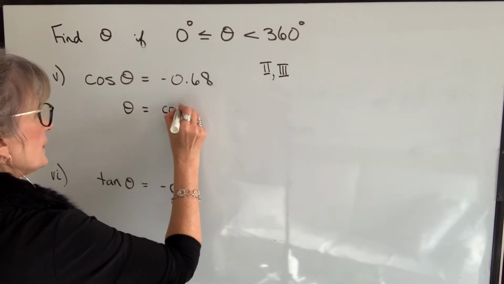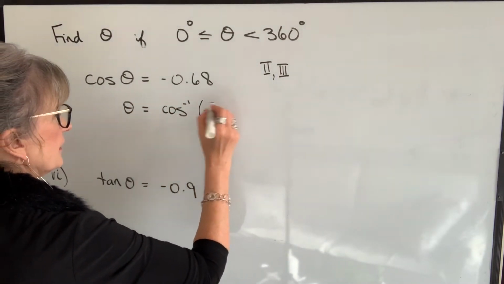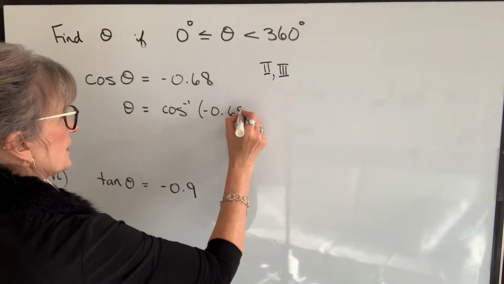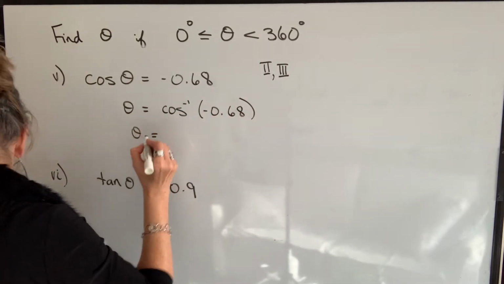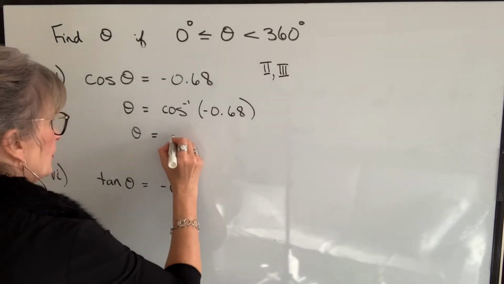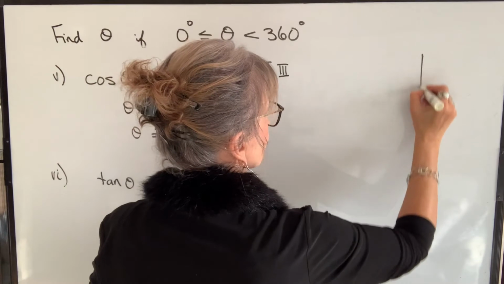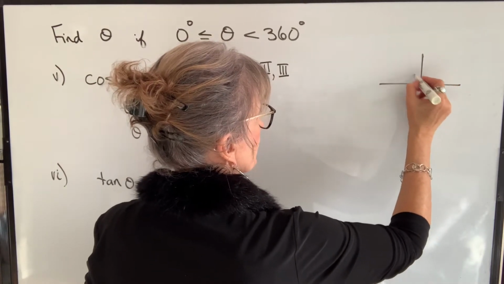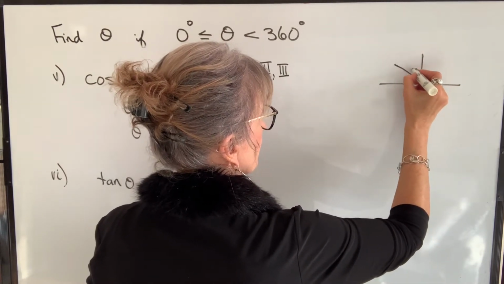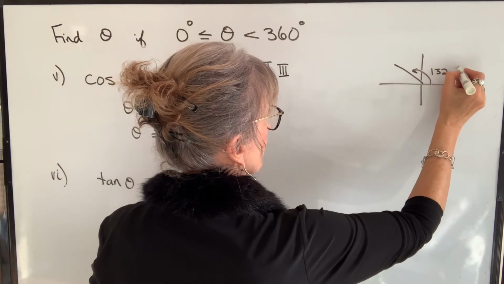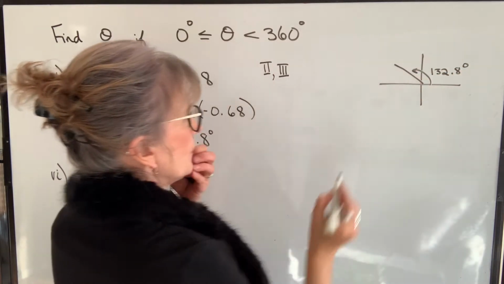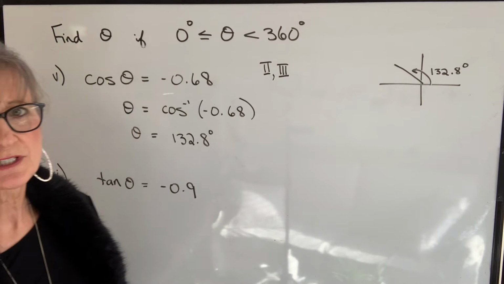So to find our first angle, we're going to take the inverse cos of negative 0.68, and we get an angle of 132.8 degrees. So 132.8 degrees will put us in quadrant 2.